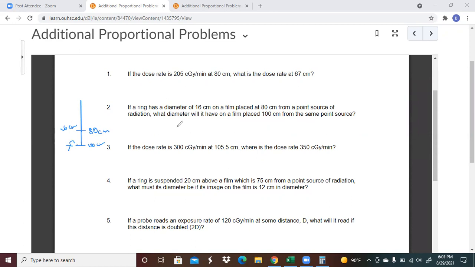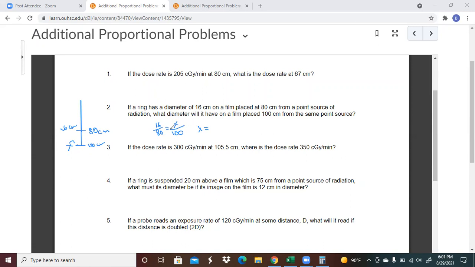What's the diameter of that particular ring? Well, we know it is 16 at 80, but we don't know what it is at 100. Again, we're dealing here with distances. Distances are not squared, and we're working with similar triangles. So that's why we have the relationship that we do.